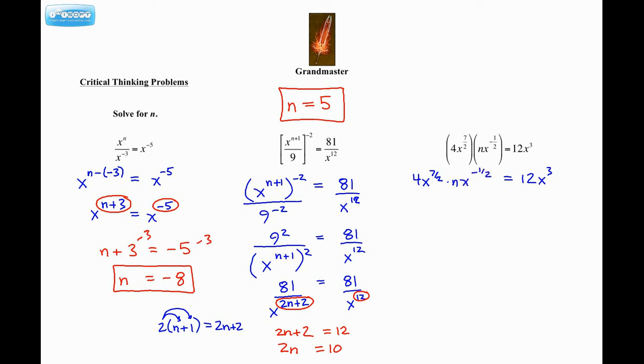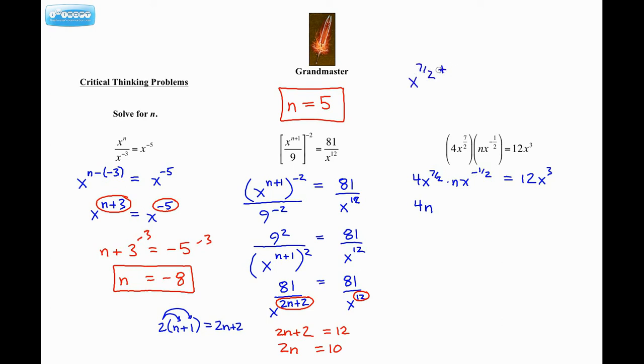Because really I don't even need those brackets anymore. So 4 times n is just 4n. And x to the 7/2 times x to the negative 1/2, we just get to add the exponents. So 7/2 plus negative 1/2, well, that's the same as, I'll show you up here. This is what I'm working on right now.